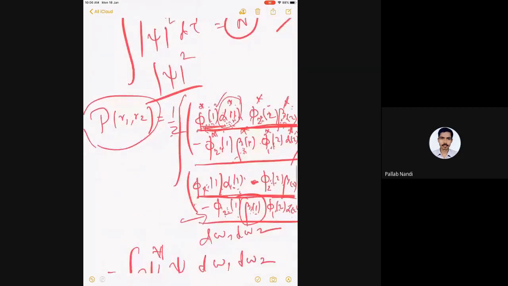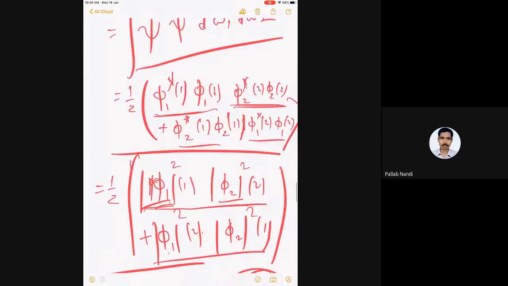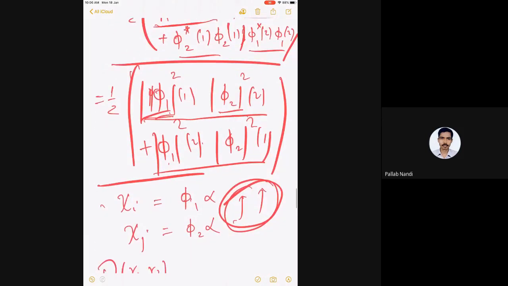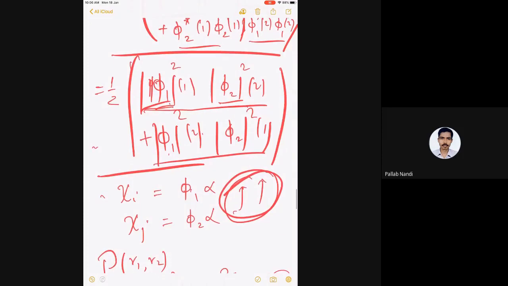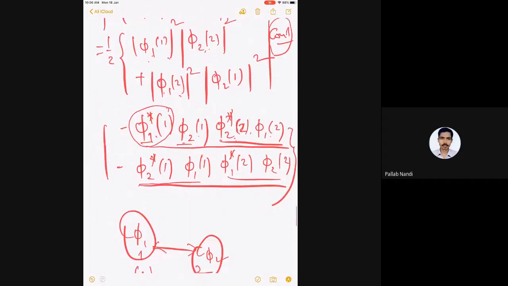What is important to realize is that in the case of an anti-parallel spin, when I take a determinant, I have only the Coulomb term. When I'm taking parallel spins, I have actually 4 terms, Coulomb as well as exchange. I think that is the most important thing that I want to tell.